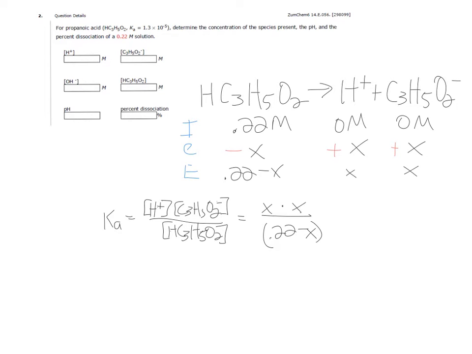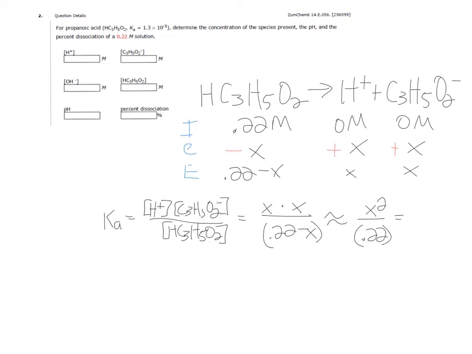Let's go ahead and make the mathematical assumption that 0.22 minus x is roughly equal to just 0.22. In other words, the value of x is negligible compared to the initial acid concentration.